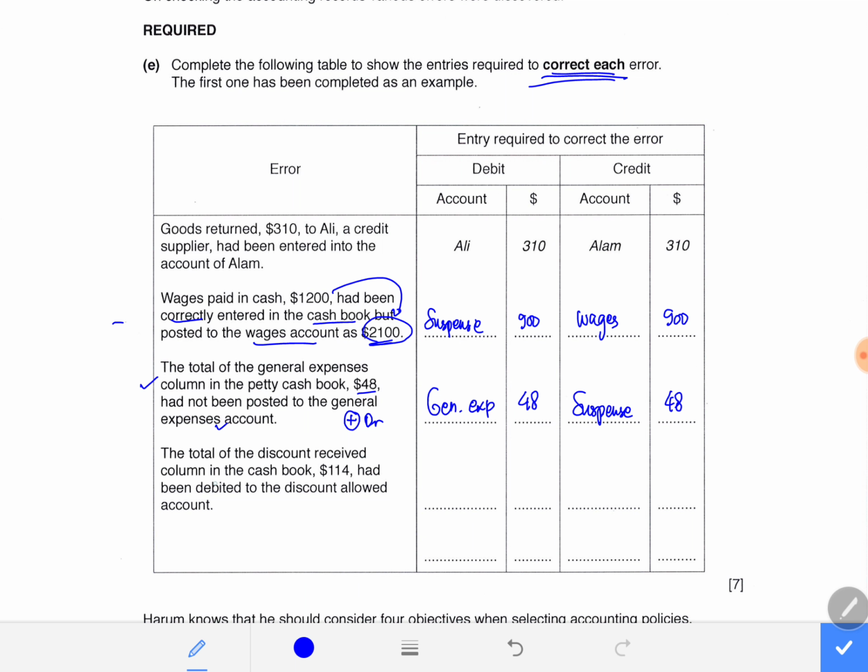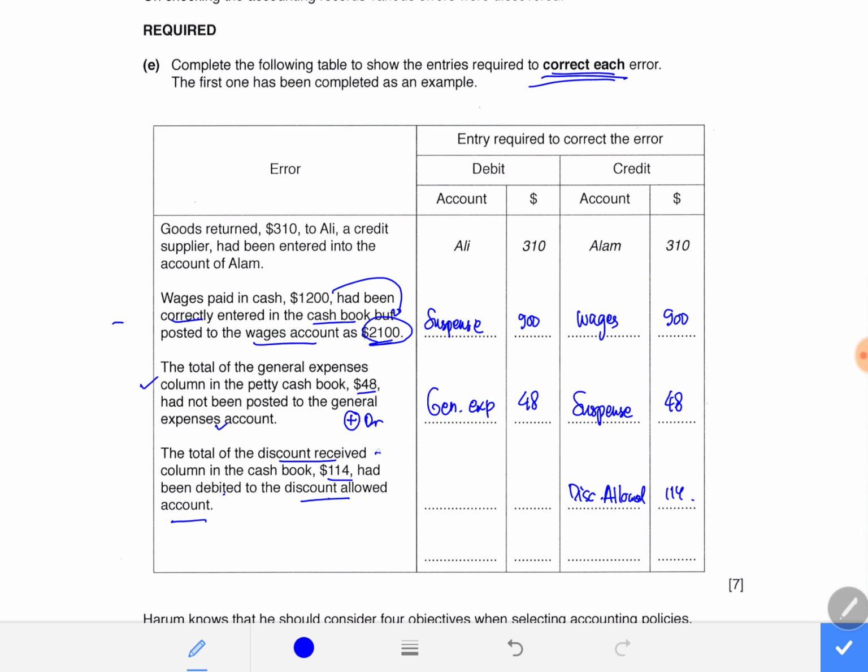Next, the total of the discount received column in the cash book, 114, had been debited to discount allowed. It's a discount received debited to discount allowed. You have to record discount received, but you mistakenly put discount allowed in debit. So, first step is to erase what you have done before. What you did is debit the discount allowed. So you have to erase your discount allowed now by putting in the credit side of your discount allowed, 114.